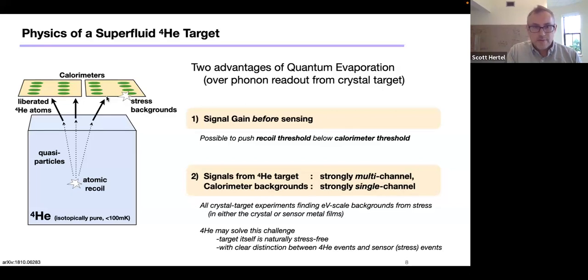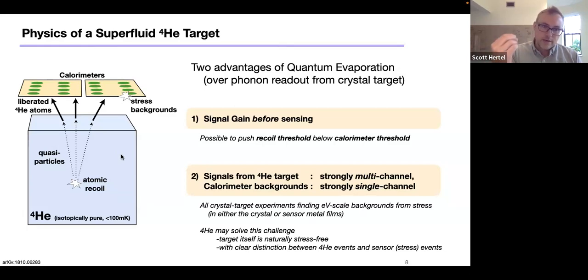So we have this separation between the complicated sensor, which might have its own backgrounds from stress and clamps, etc., and this huge stress-free three-dimensional volume that should have very low backgrounds at low energies.